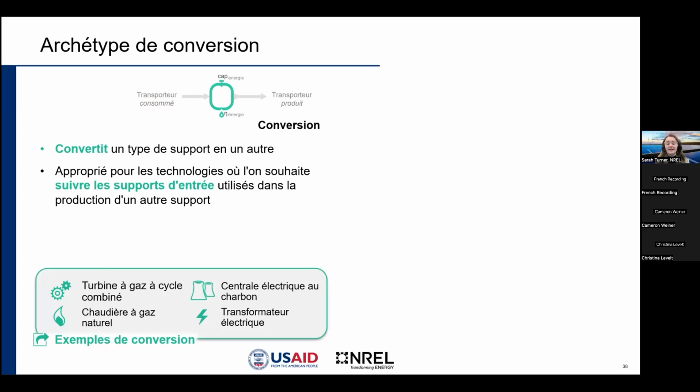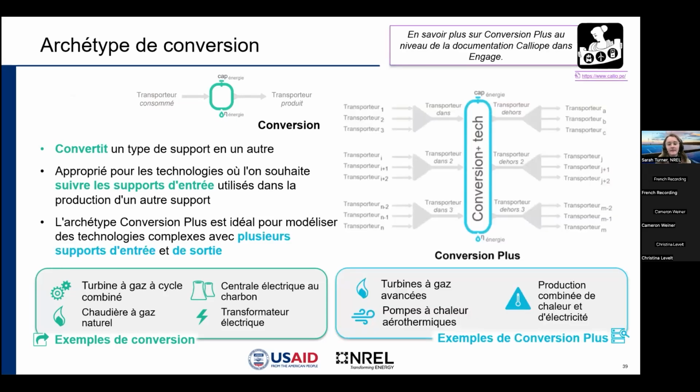Common conversion technology examples include combined cycle gas turbines, natural gas boilers, coal power plants, or even electric transformers if we're wanting to model voltage changes in transmission lines. Conversion archetypes are also appropriate for modeling complex technologies that, let's say, have multiple input and output carriers.